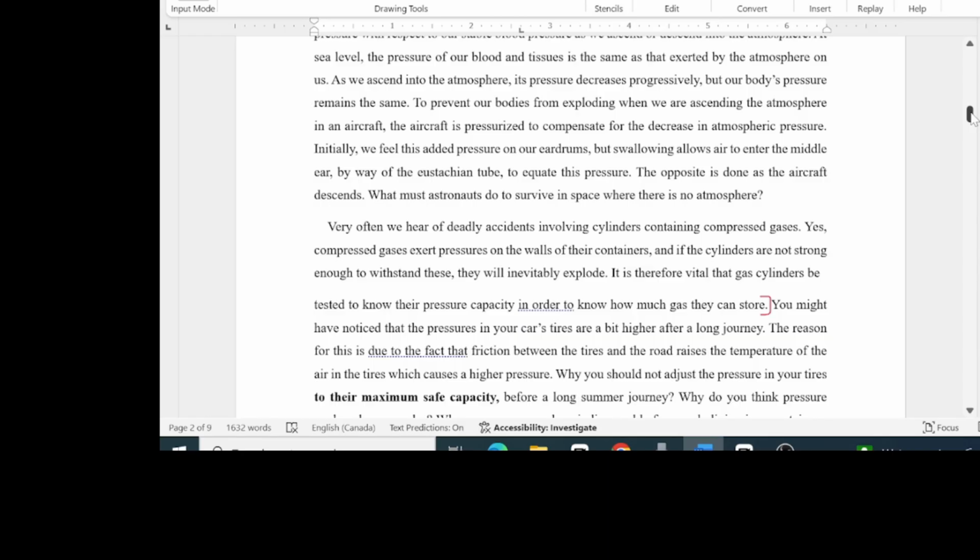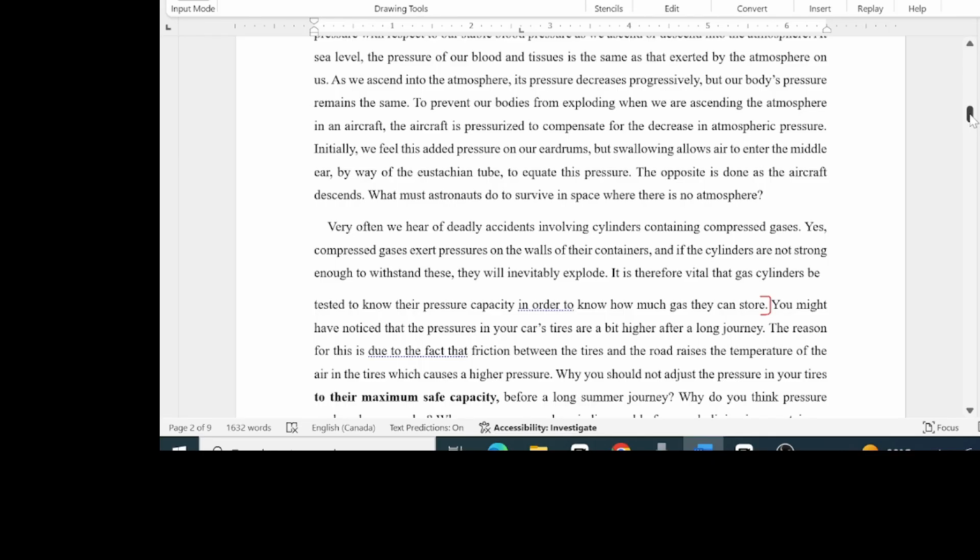Something similar to that happens to the air pressure as we ascend into the atmosphere in an aircraft. To compensate for the decline in air pressure and oxygen, the pressure within the cabin is increased in a commensurate way.